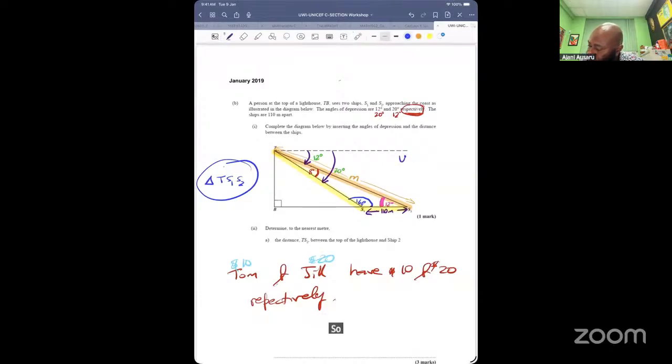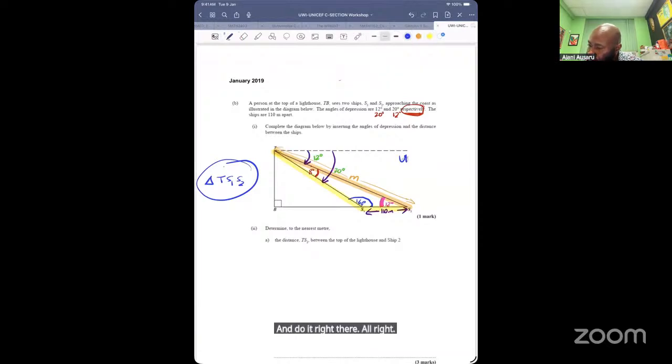So using, let me get rid of Jill and Jack now and do it right there. So what am I saying here? Using the sine rule. 110 over the sine of what?